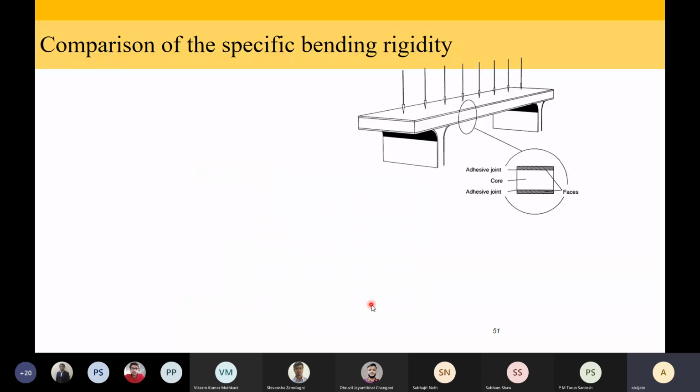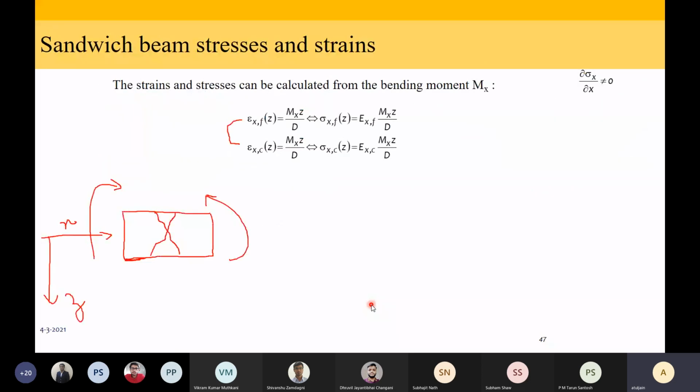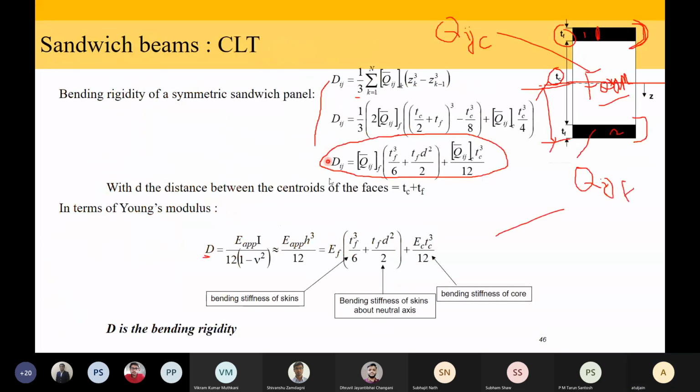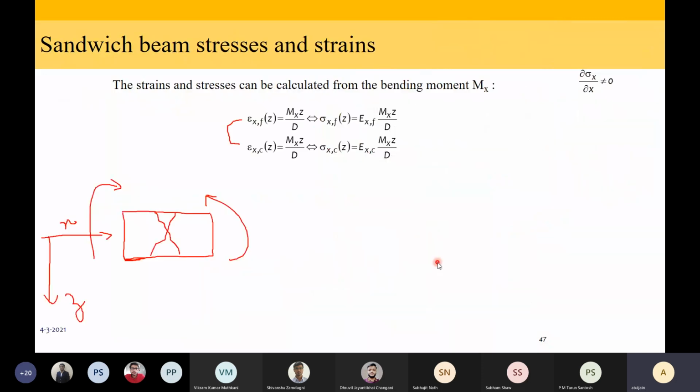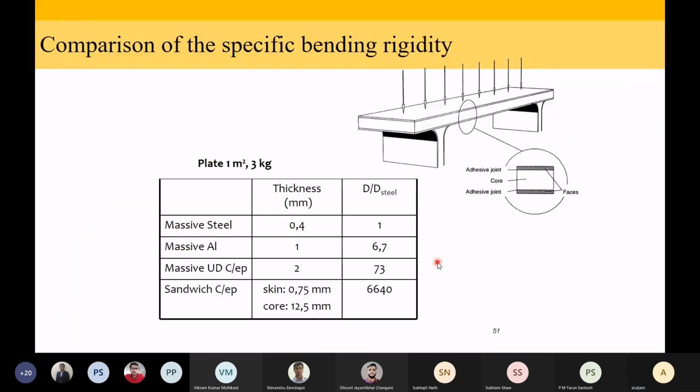These are essentially just coming by this expression that we are using, that D is equal to this term. And you know the density of your carbon fiber, you know the density of foam. If you want to plug in those values, think about this number, 6,640 times better specific response to bending.